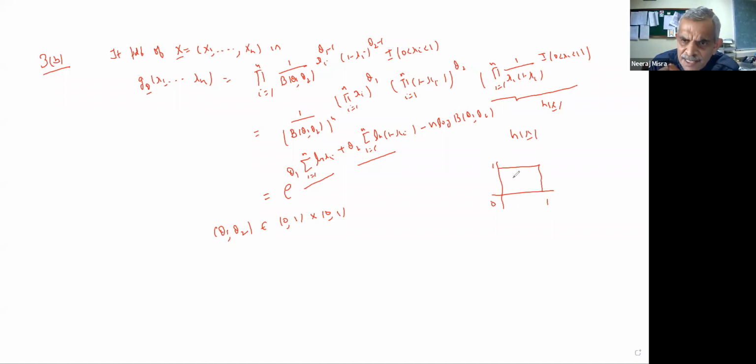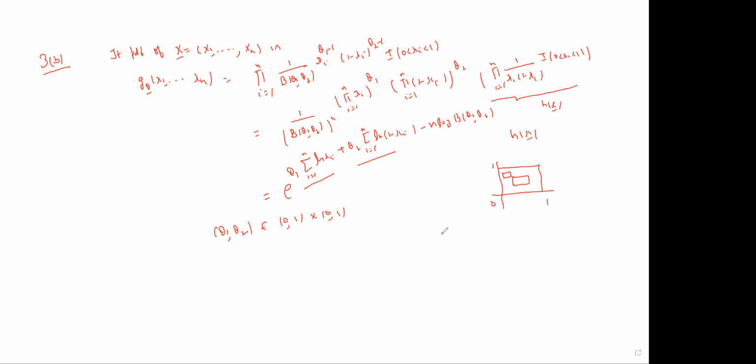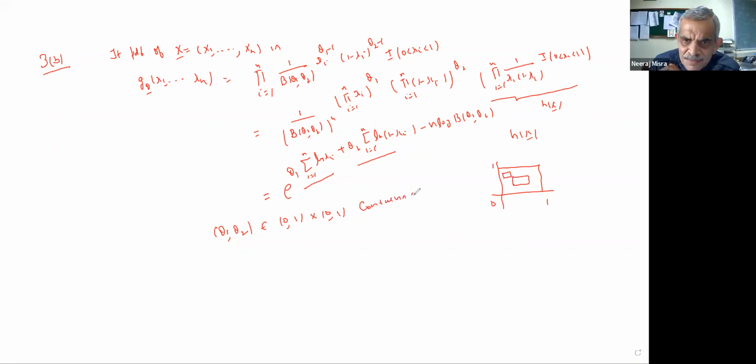In fact, this itself is a rectangle and it can contain infinitely many rectangles, right? So it contains a rectangle in R2, which implies that summation i equals 1 to n of log of xi and summation i equals 1 to n of log of (1 minus xi) is complete sufficient.